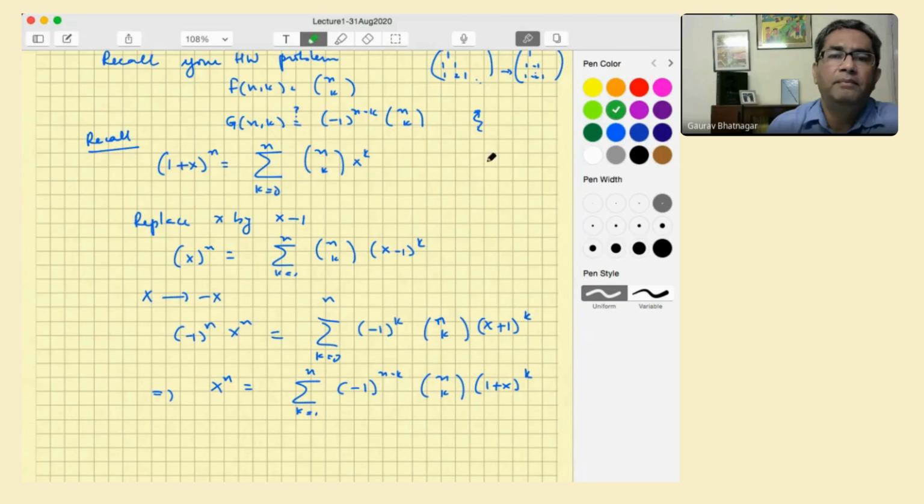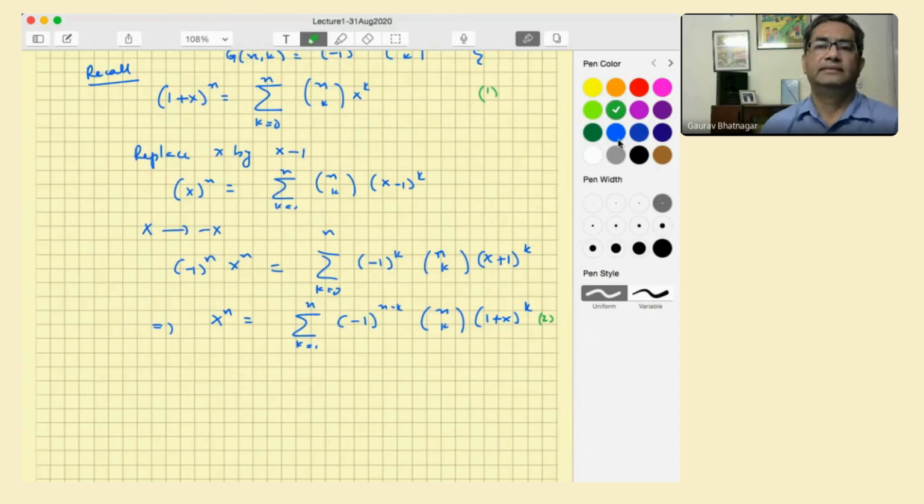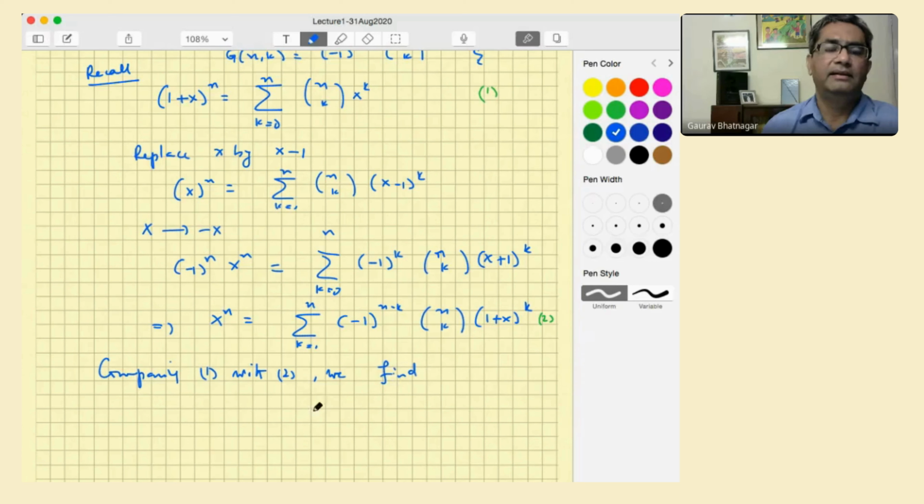Now comparing 1 with 2, we find that n choose k, this matrix, and the other matrix are inverses.